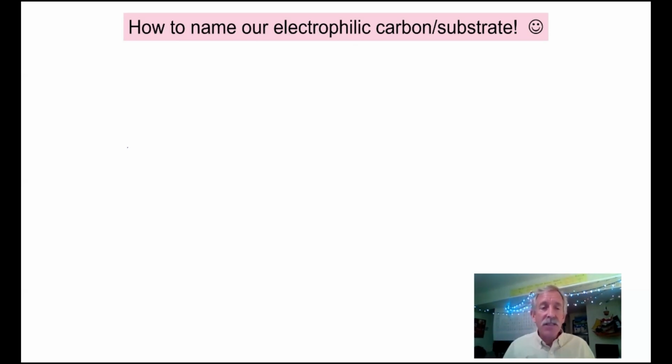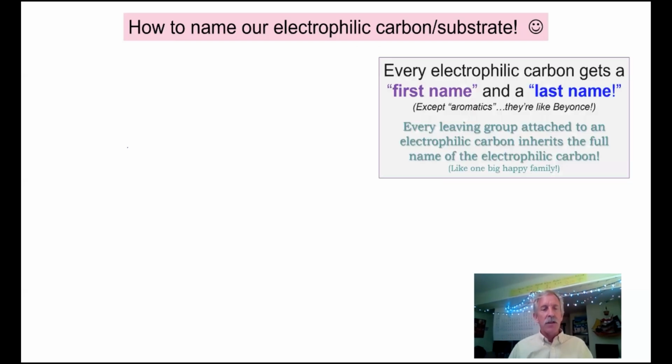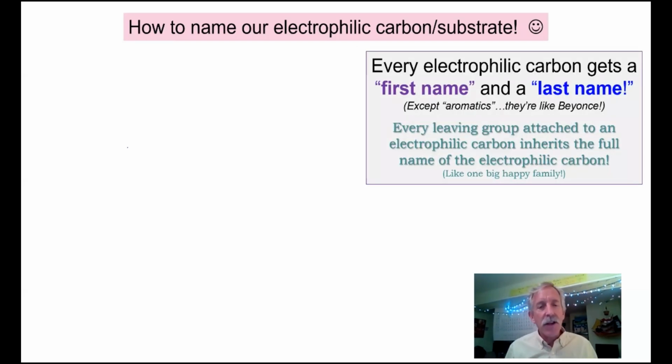So here comes the language of how we will talk about our electrophilic carbons. Every electrophilic carbon will have a first name and a last name. Woohoo, just like us. There's only one Beyonce in the whole crowd, and that's the aromatics. They're a little aromatic, Beyonce-like. They only get one name. But everything else will have a first and last name.